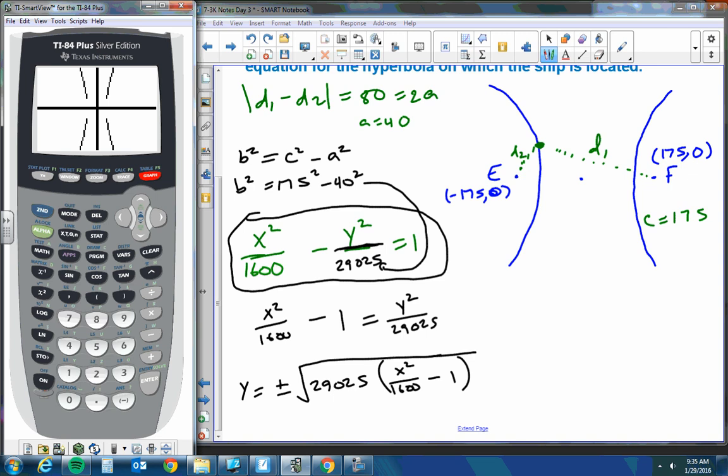You're just zoomed way out. Do like I had it, negative 200, 200 for both. It still looks off. What did I do?